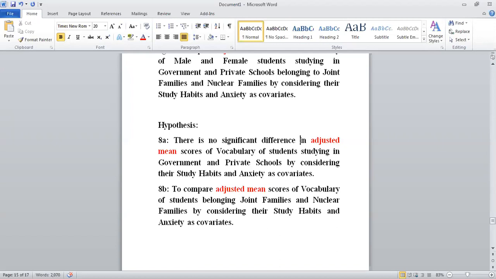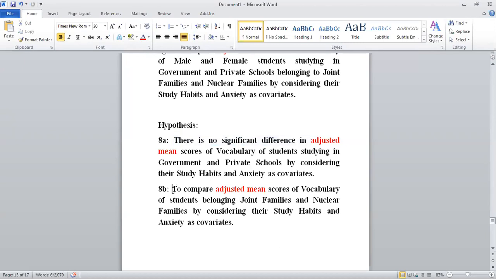If you want to write government schools and private schools, no problem. The choice is yours. By considering their study habit and anxiety as covariate.